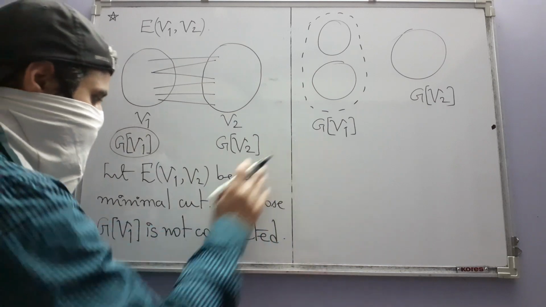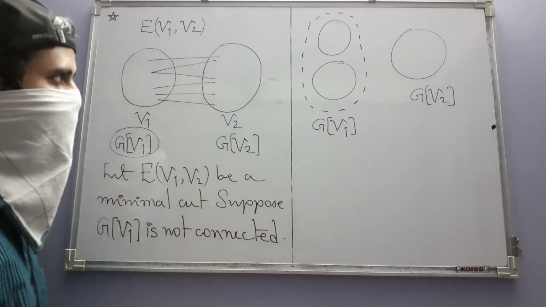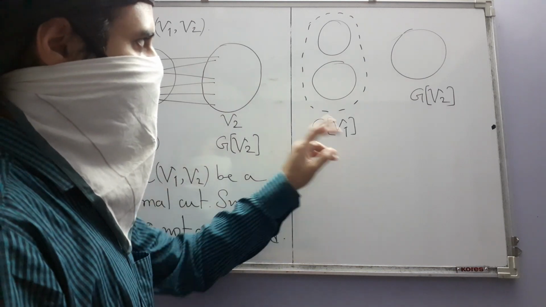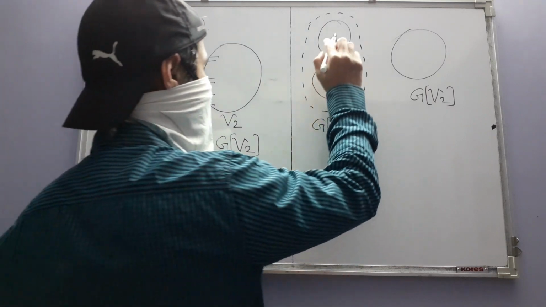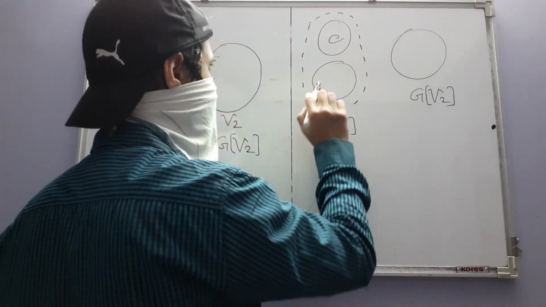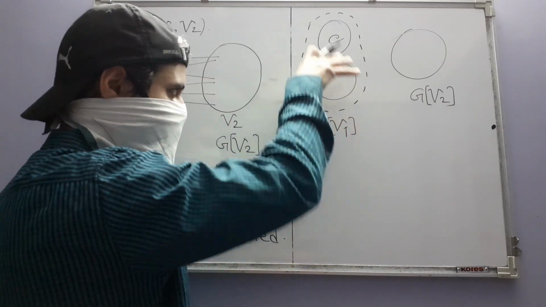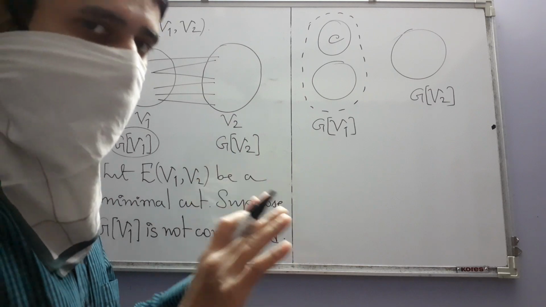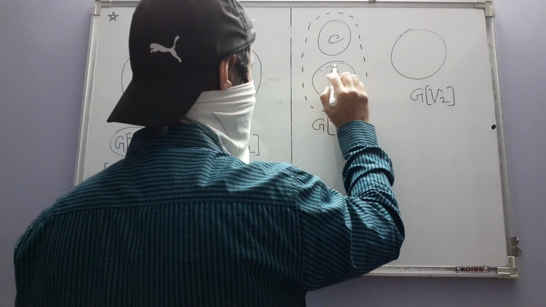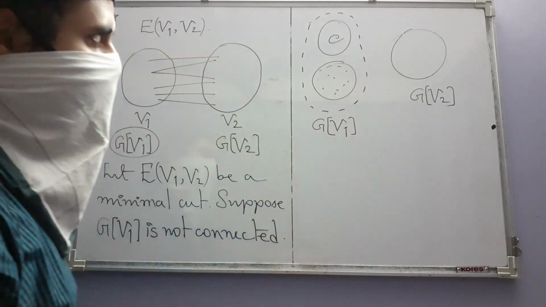We are supposing that this induced subgraph is not connected. That means there will be at least two components. If one of the components is C, then in the rest, I am not saying that the rest of the graph itself is a component, but it will have at least something. So this is the rest of this induced subgraph GV1.